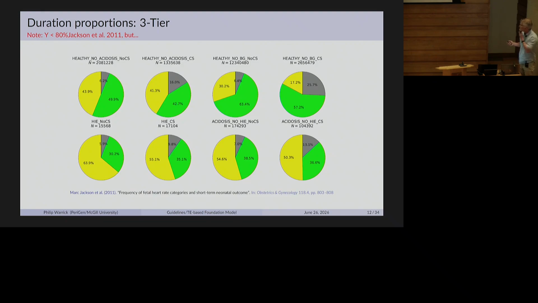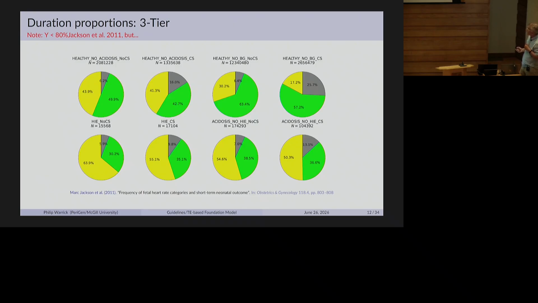The main message here is that from the healthy side on top, and the more abnormal on the bottom, we do see more yellow in the abnormal versus the healthy cases. But it's not 80%, but the gray, by the way, means there was no valid signal.